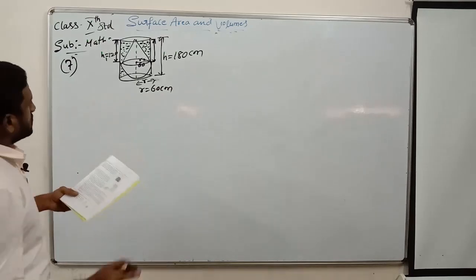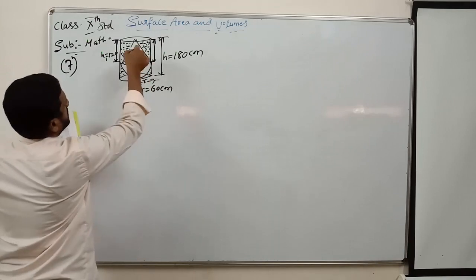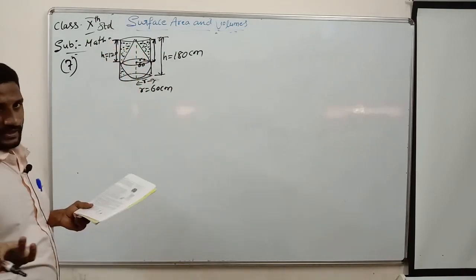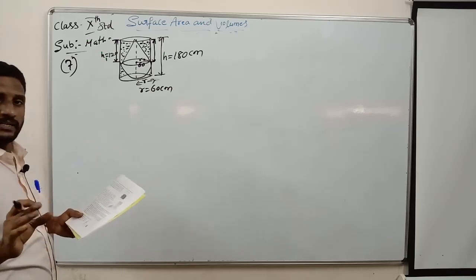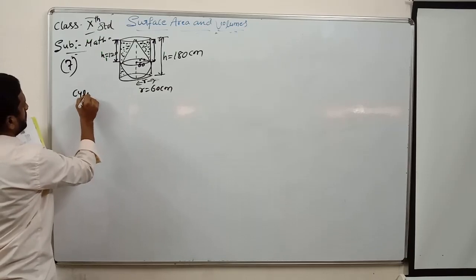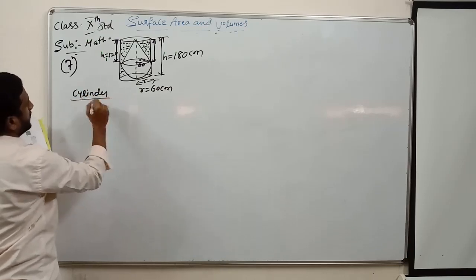The hemisphere radius is also 60 centimeter, because the cone is standing on the hemisphere. Therefore, both radii are the same here, the cone radius and the hemisphere radius. So first I am writing the cylinder part details here.